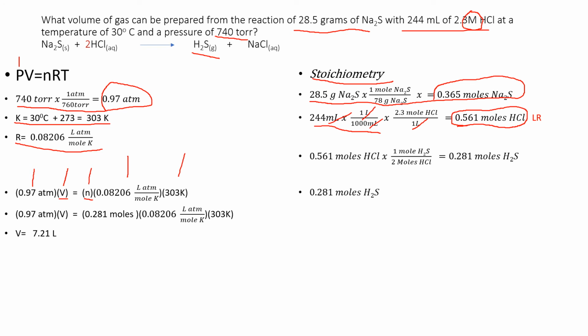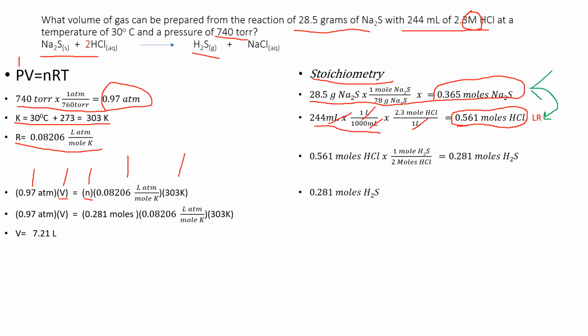We need to compare what we have to what we need. My balanced equation tells us that we need twice as much HCl as Na2S. Now we have to ask ourselves, when we compare Na2S and HCl, what's the relationship? Do we have twice as much HCl as Na2S?